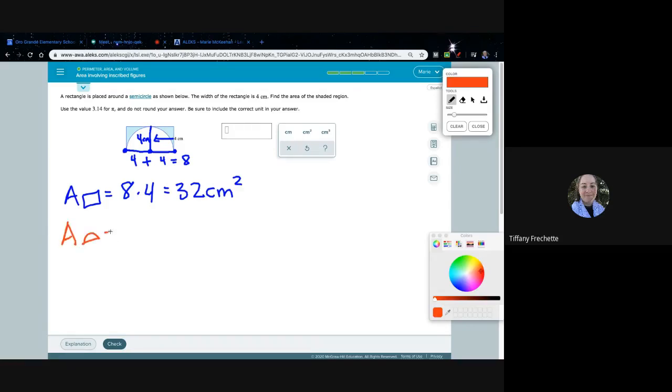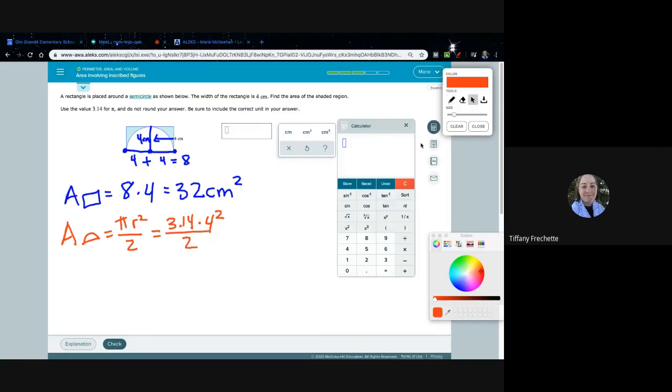semicircle. So remember, it's pi r squared divided by 2. It's a semicircle. It's a half circle again. So we need to go 3.14 because that's what they want for pi times. We need a radii, and we wrote a bunch of them here, so we already know it's 4 squared divided by 2. Let's go ahead and grab our calculator. So we're going to go 4 squared equals times 3.14.